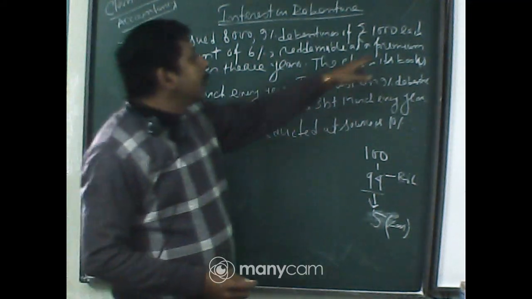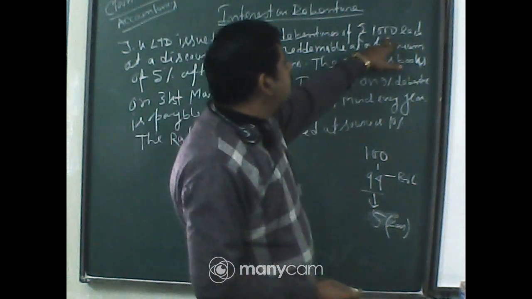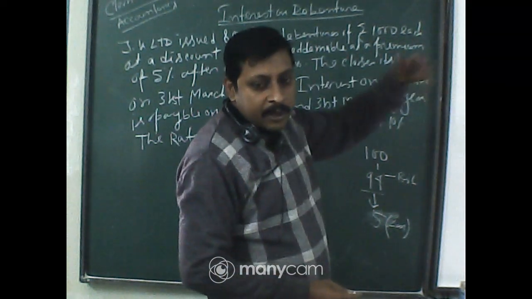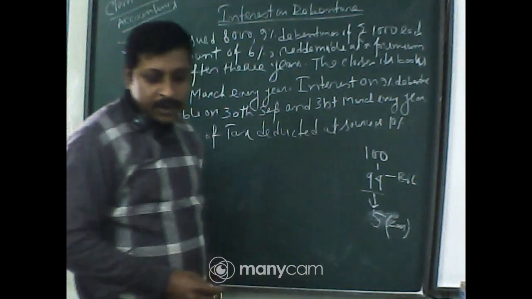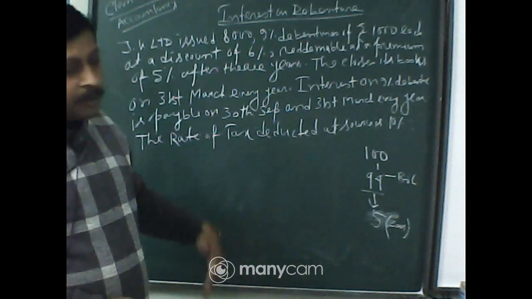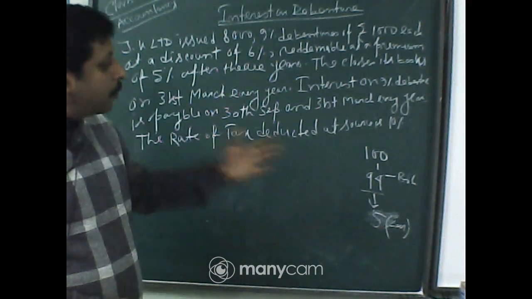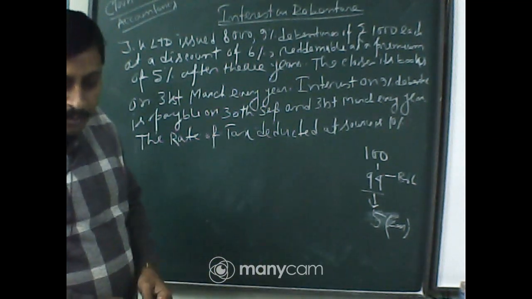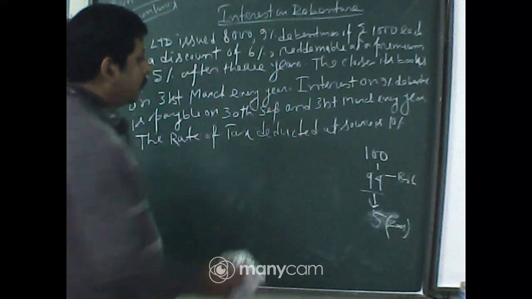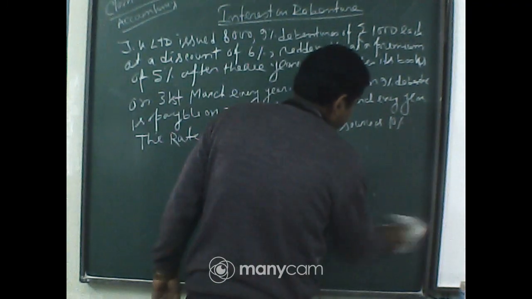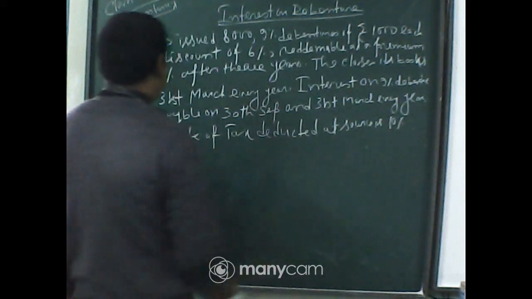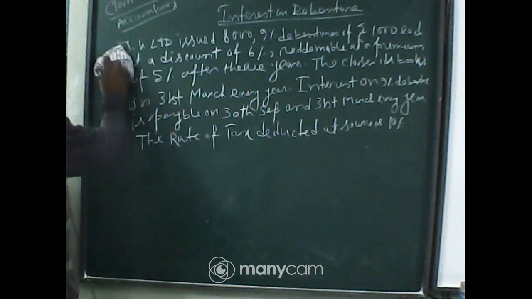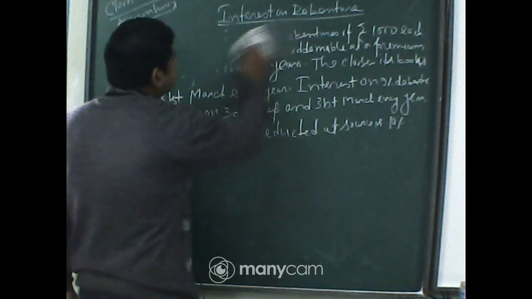So there is 1050 rupees you are giving them instead of 1000. Okay, so this 50 rupees is also a loss. So there is a double loss happening whenever you issue at a discount and redeem at a premium. Okay, that is what I want to make you understand, because it will be needed when we will make the journal. Now you just see how we will do the journal.